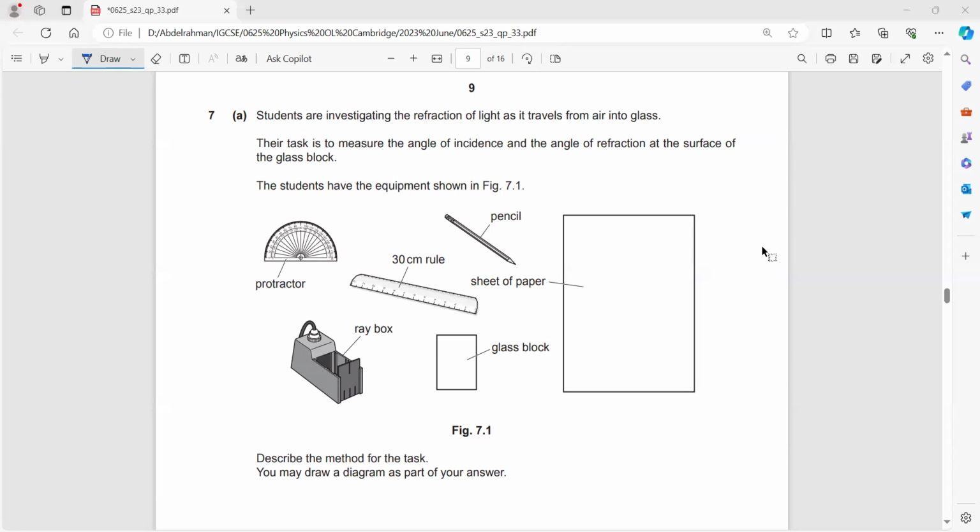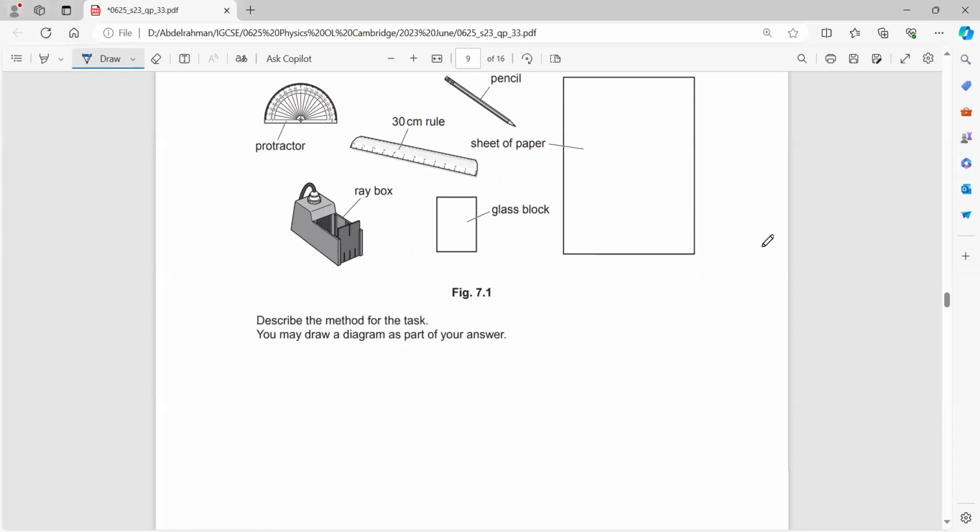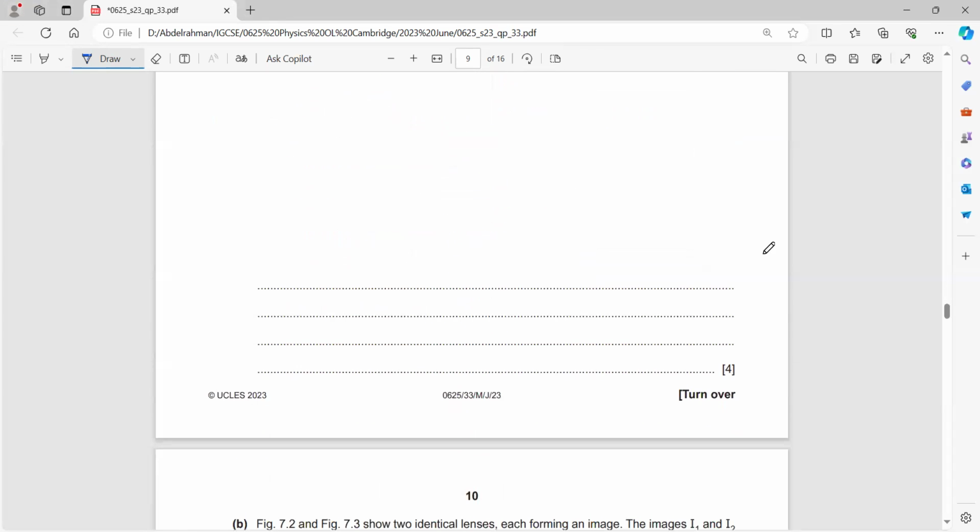We're going to get the glass block and put it on a sheet of paper. We're going to use the protractor and pencil to measure the angle of incidence and refraction in the air and then the glass.